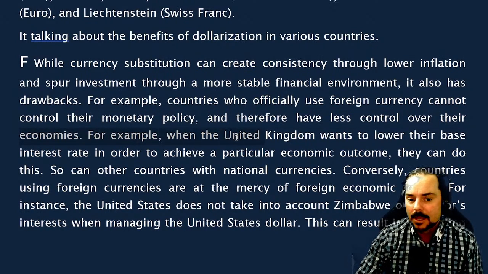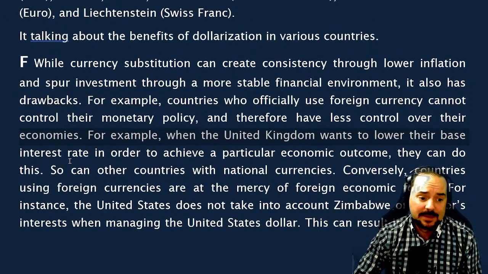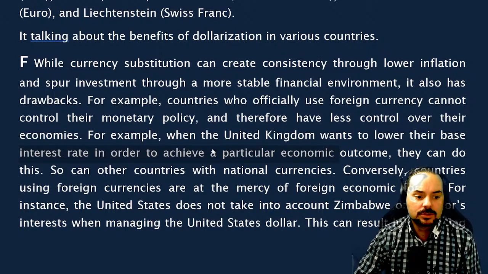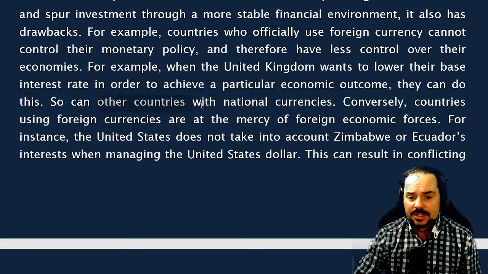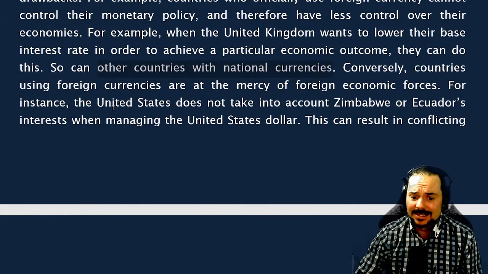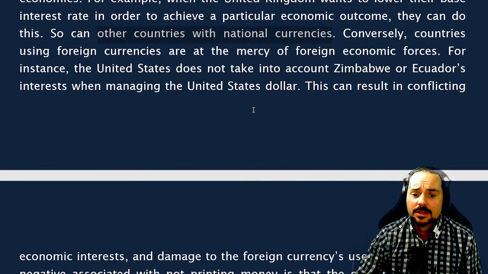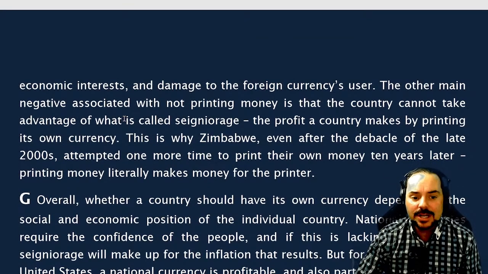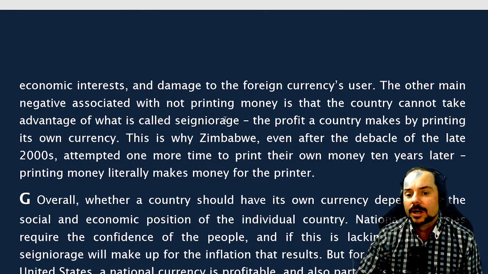For example, when the United Kingdom wants to lower their base interest rate in order to achieve a particular economic outcome, they can do so. So can other countries with national currencies. Conversely, countries using foreign currencies are at the mercy of foreign economic forces. For instance, the United States does not take into account Zimbabwe or Ecuador's interests when managing the United States dollar. This can result in conflicting economic interests and damage to the foreign currency's user.